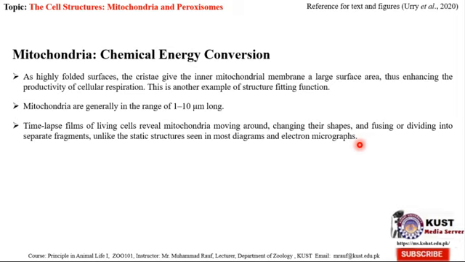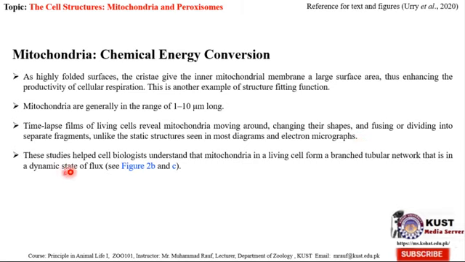They are always undergoing continuous change. Sometimes two mitochondria fuse with one another and become one. Sometimes many mitochondria fuse with one another and form a net-like structure. So there is a continuous transformation in the shape of mitochondria.